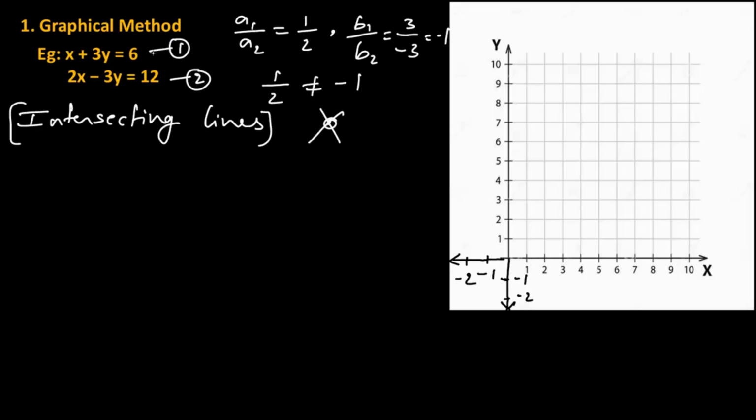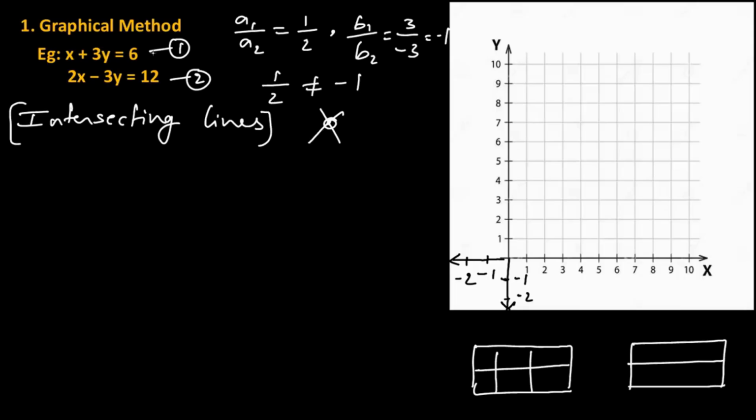Let us see. Let us take two tables, one table for the first equation and second table for the second equation. You have to assume x value to get the y value or assume y value to get the x value.